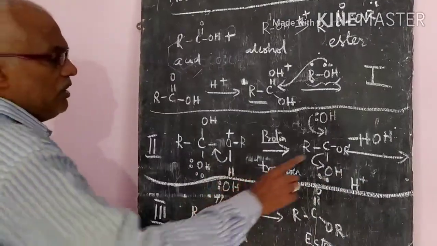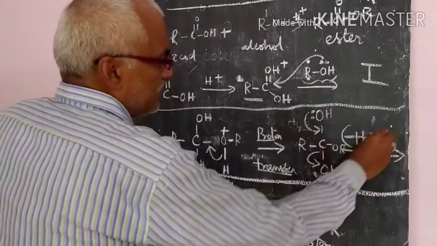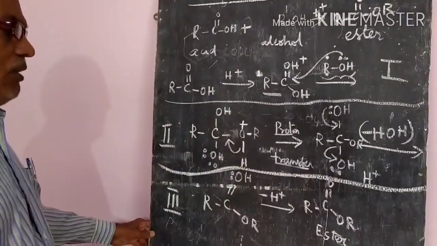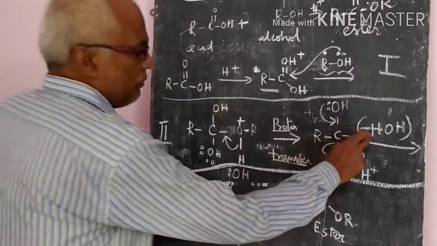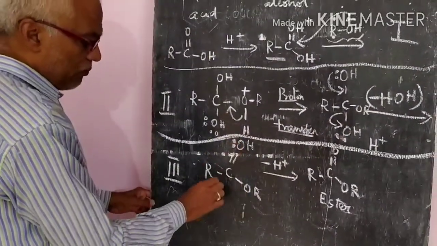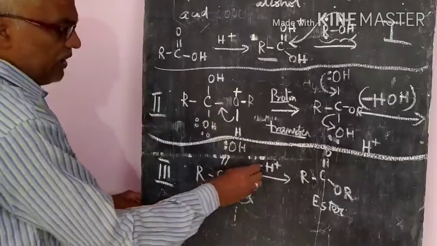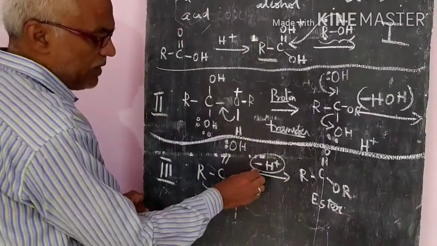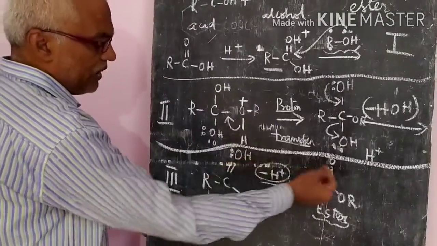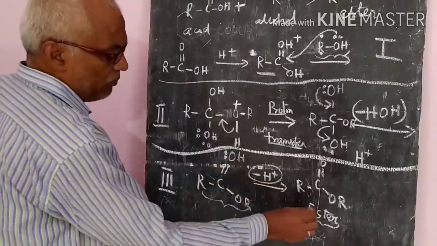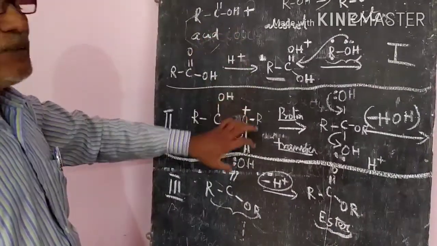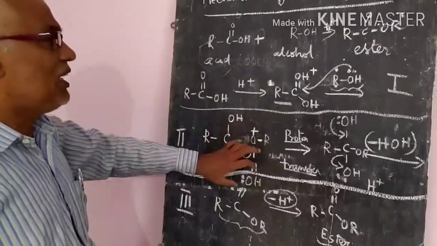Further, a water molecule is eliminated as a neutral molecule, and a hydroxyl compound is formed. Further, deprotonation takes place and forms the ester. The hydrogen that is there is taken out, a double bond is formed and you get the ester. That means the same three steps we explained take place.